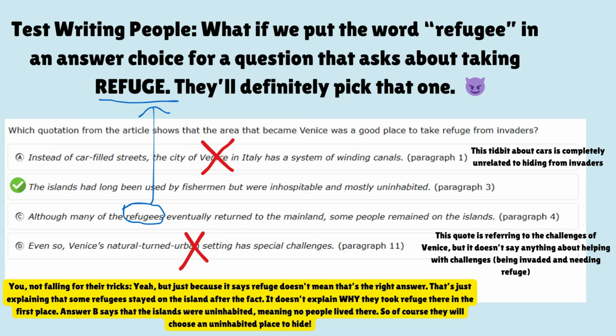Just because it says refuge doesn't mean that's the right answer. That's just explaining that some refugees did indeed stay on the island after the fact. After they were no longer under threat of invaders, they stayed on the island. But it doesn't explain why they took refuge there in the first place. Why did they choose that particular location to take refuge?